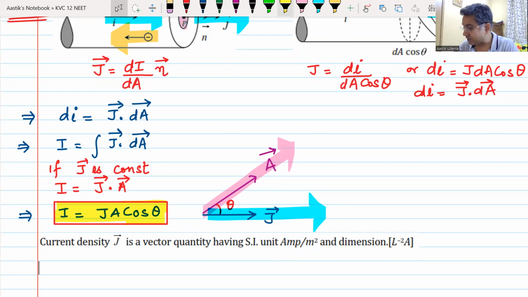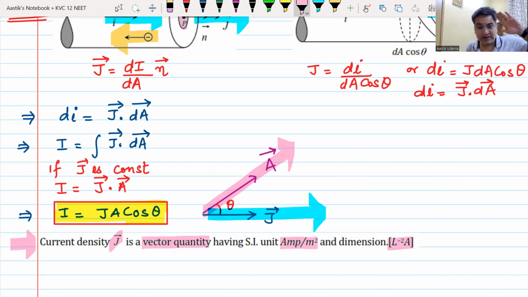The SI unit is ampere per meter square, and the dimension is L to the power minus 2 into A. Do we understand this? Yes or no? I'll give you 2 minutes to write this down.